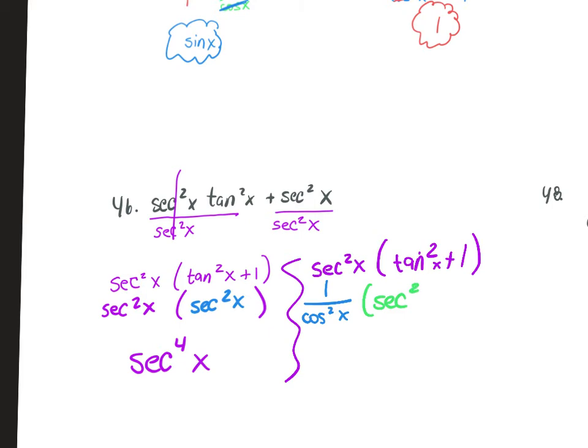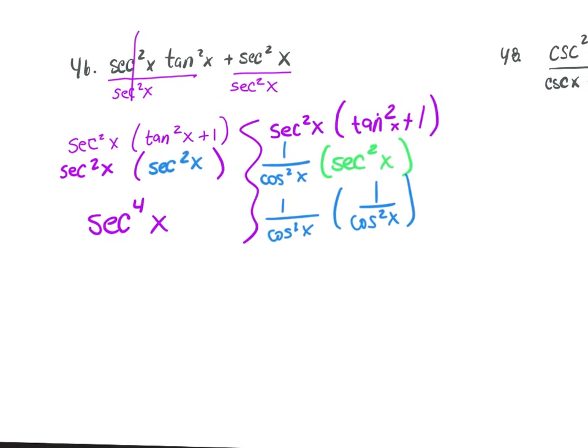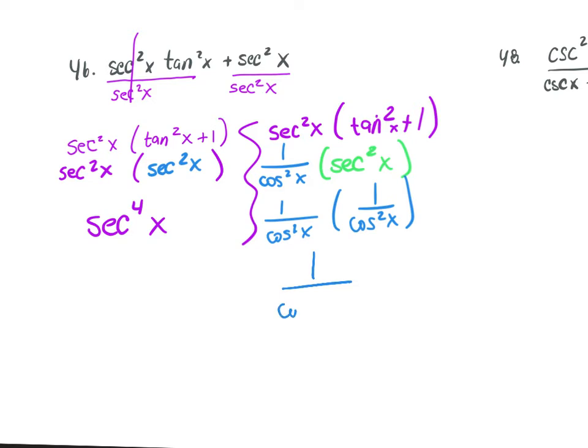Sine over cosine, right? So then you could simplify and say, well, I have 1 over cosine squared x times 1 over cosine squared of x, right? So then this would become 1 over cosine to the 4th of x, which is the same thing as this.